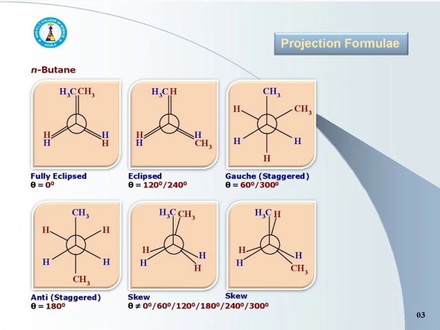Dihedral angle theta of these skew conformations may have any value other than 0 degree, 60 degree, 120 degree, 180 degree, 240 degree, or 300 degree. Now, all these conformations shown here are the Newman projection formulas of conformations of n-butane.